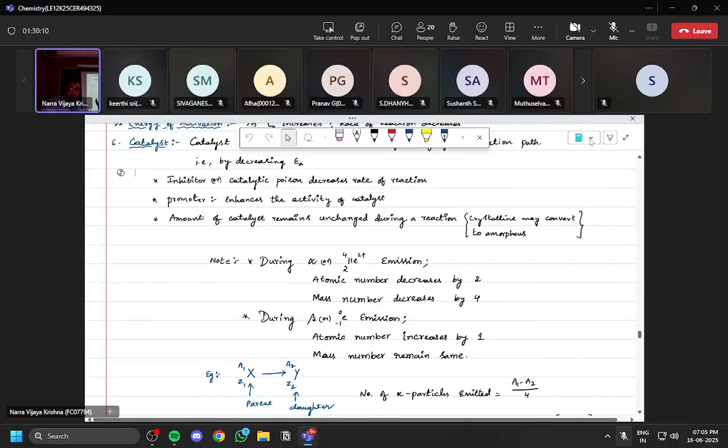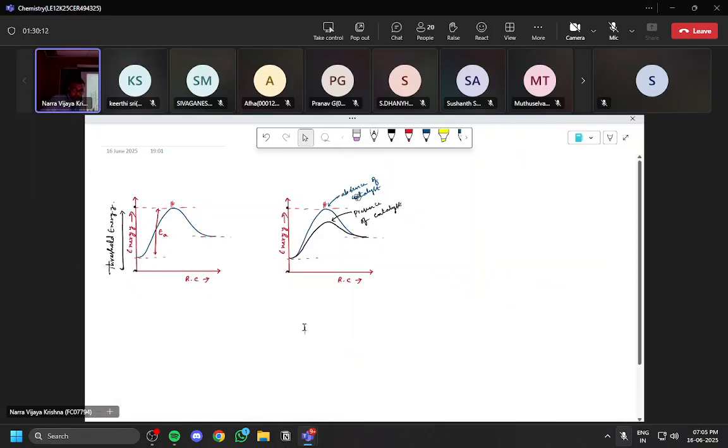Now, before going further, let me discuss a few more points. If a reaction is reversible, moves in the forward as well as backward direction, then what is this one? Energy of activation for backward.